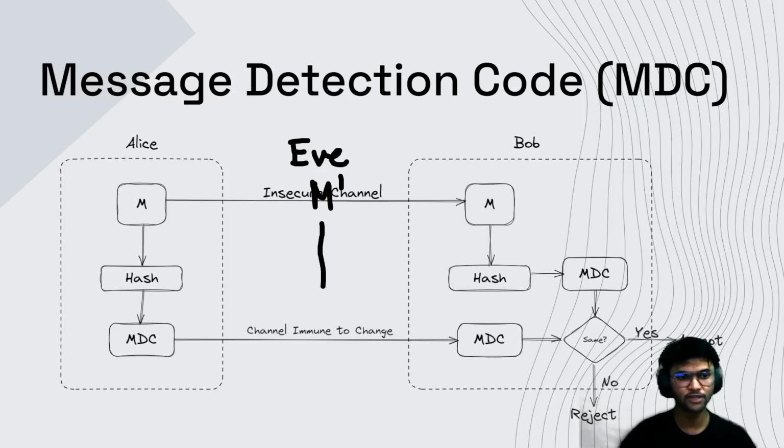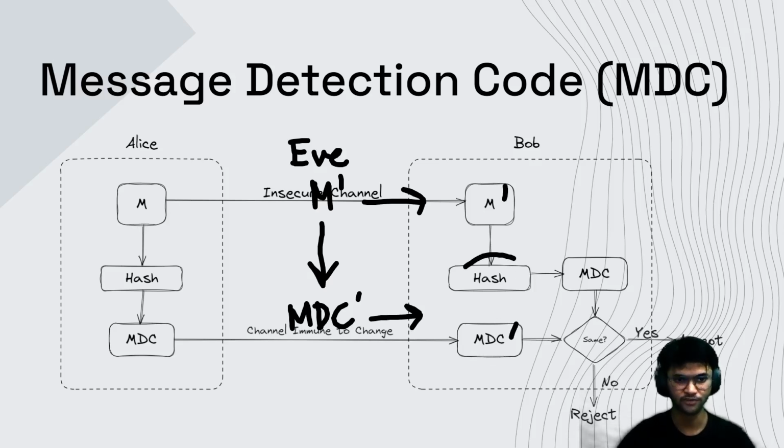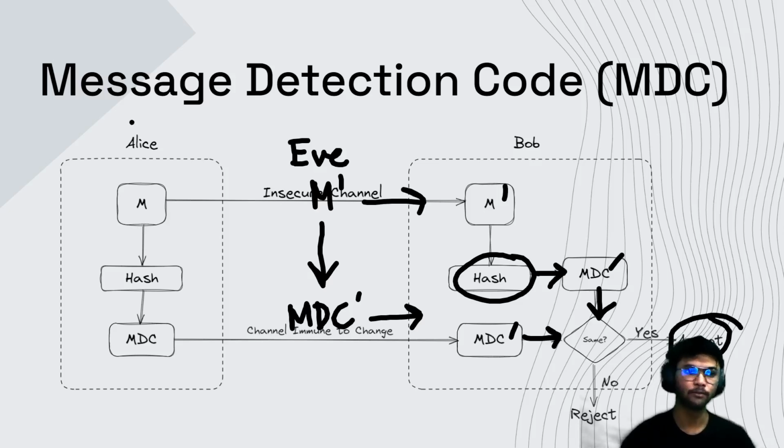Now Eve can generate their own digest against this message. Let's call that MDC dash and forward this M dash and MDC dash over to Bob. Now Bob will receive M dash and MDC dash. And now when Bob uses the same hash function to generate their own digest, they'll get this MDC dash. Bob will have no way to verify if the data originated from Alice or Eve.